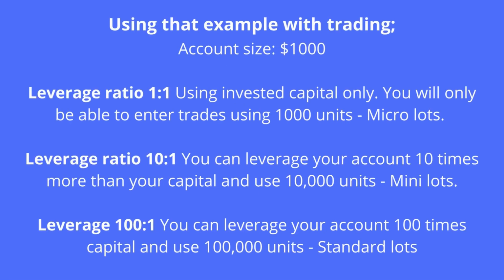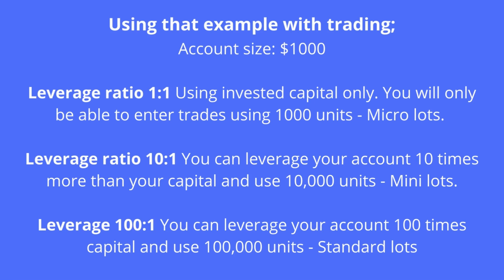So let's now flip it, and we're going to use that example with trading because it's quite similar. Let's say you've got an account size of $1,000, and I'm going to give you an example of a few different ratios. It will help if you've gone through the videos on pips and lots, as it will make this easier to understand. So you've got an account size of $1,000 and your leverage ratio is 1-to-1.